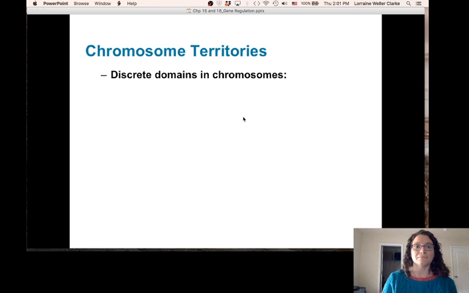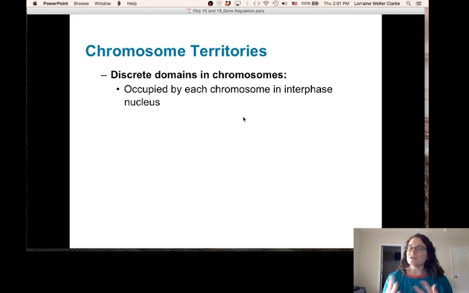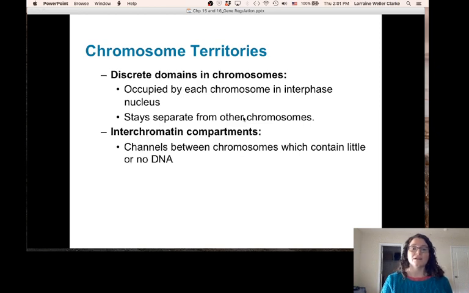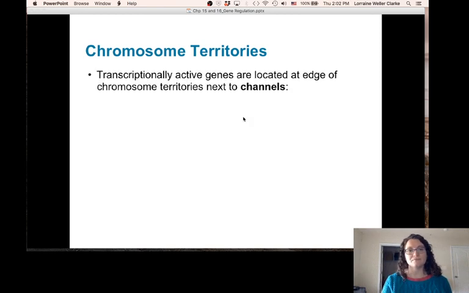Okay. All right. So in chromosomes, there are these discrete domains, which is occupied by each chromosome in the interphase nucleus. Okay, so each chromosome has kind of a spot that it hangs out, staying separate from other chromosomes. And these interchromatin compartments, these are channels between chromosomes. And so the idea is that the transcriptionally active genes are located at the edge of the chromosome territory next to channels.